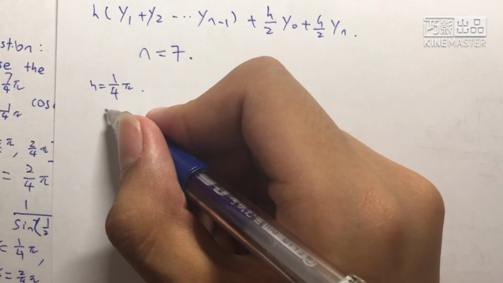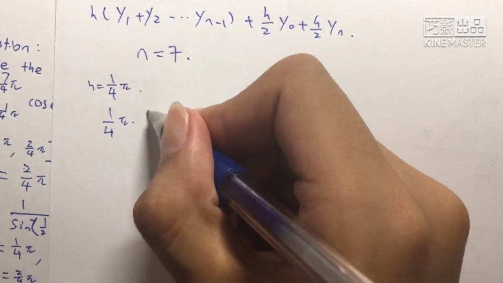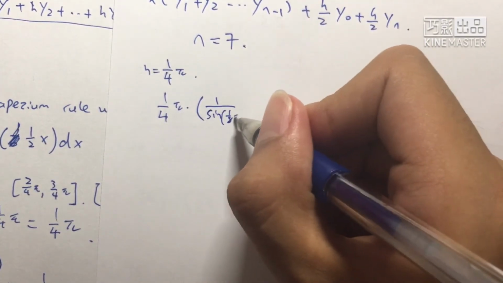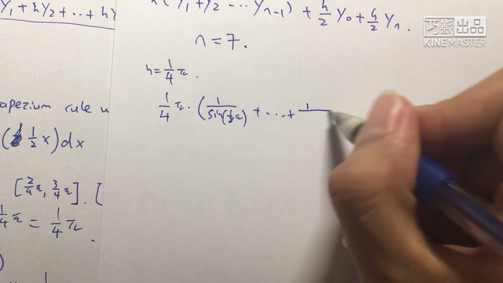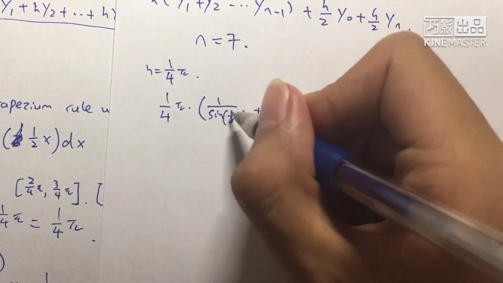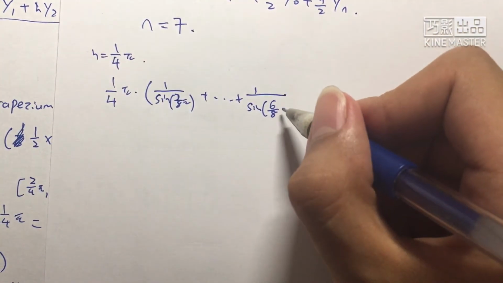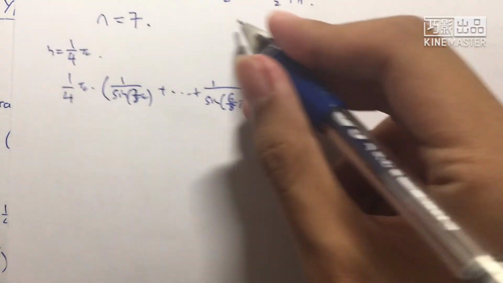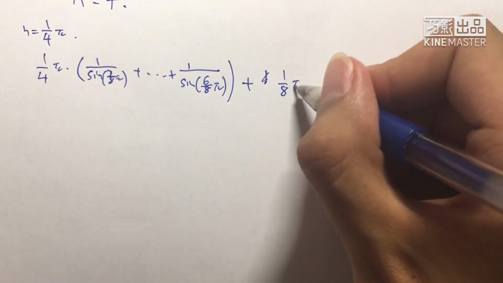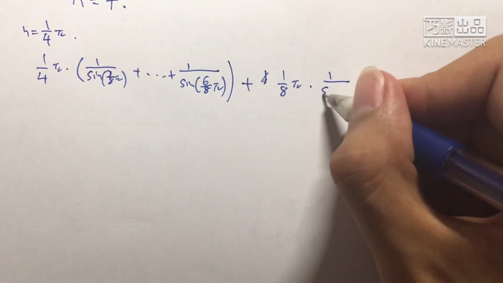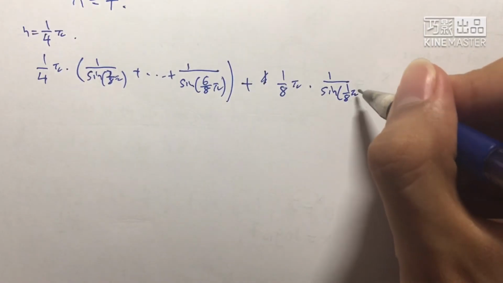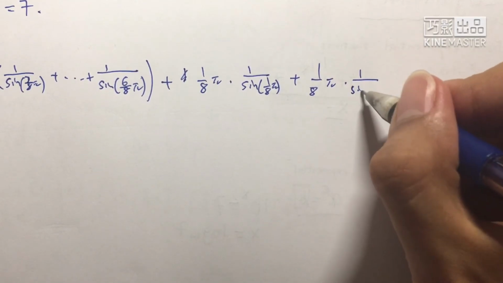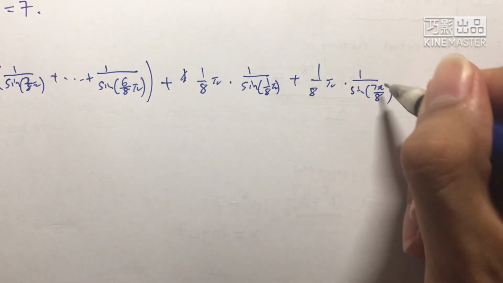So now we can obtain our results, which is 1 over 4 pi times the bracket, 1 over sine 1 over 8 pi plus 2 over sine 6 pi over 8, and then plus h over 2, which is 1 over 8 pi times 1 over sine 1 over 8 pi, plus 1 over 8 pi times 1 over sine 7 pi over 8.